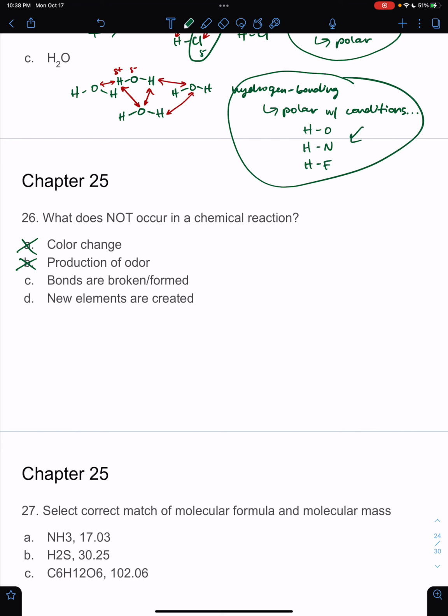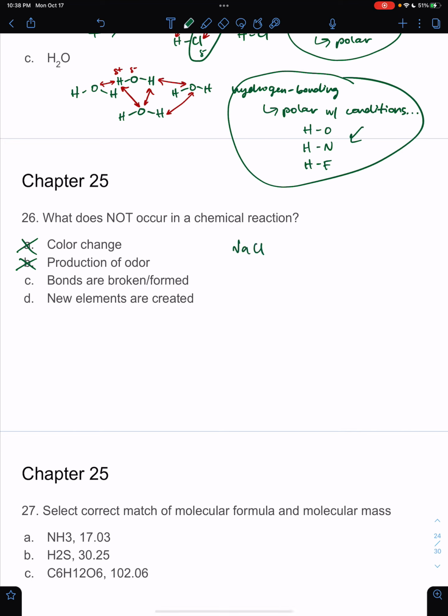So bonds being broken or formed, this one is an indicator of a chemical reaction. Oh, let me not circle that. Yeah, so this one is an indicator of a chemical reaction, bonds being broken or formed.